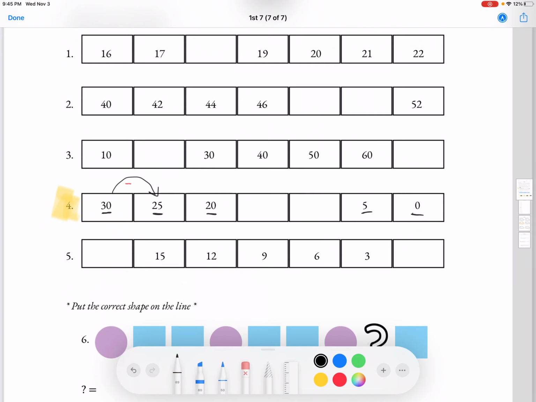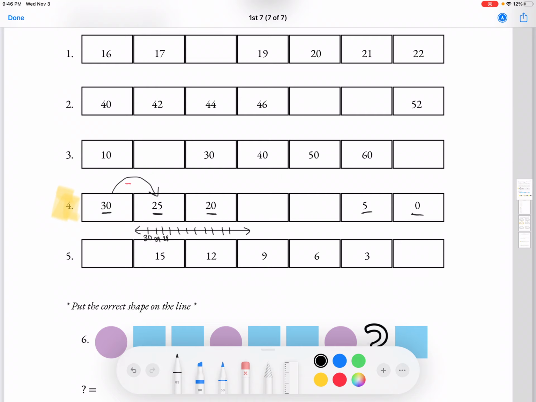If we have a number line and we start at 30, how far do we have to go down to 25?